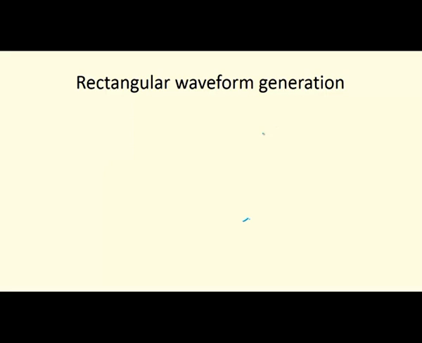So, now we will discuss the rectangular waveform generation. The square waveform generation is very easy. How are we doing the square waveform? It represents that the on and off periods are the same. Suppose I am asking you for 1 millisecond for the on period and 1 millisecond for the off period. So, first I will write the program to give the square waveform, then we will convert it into the rectangular waveform.